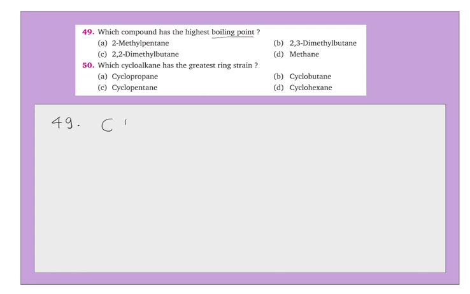Because as the number of carbons increases, the surface area of the molecule increases. As the surface area increases, the interaction between molecules increases, which is nothing but van der Waals forces. So due to the increase in van der Waals forces, the boiling point will also increase.